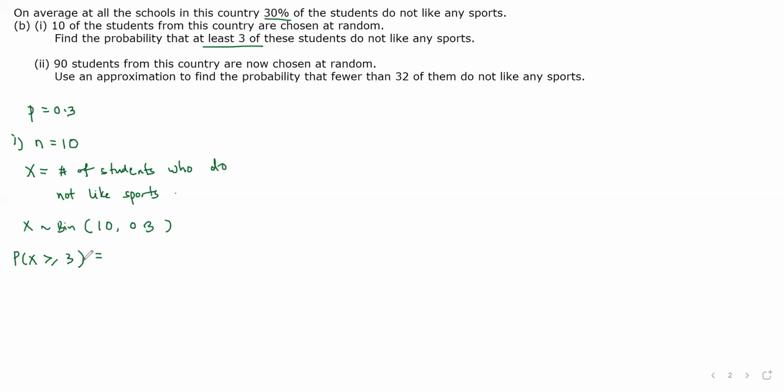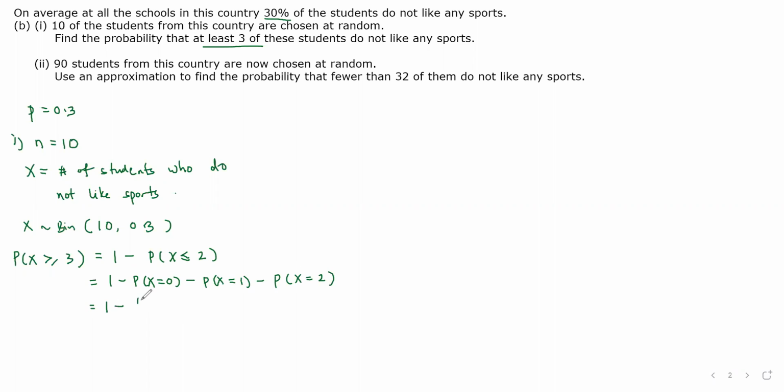We're not doing that. Use the complement rule. This is 1 minus the probability X less than 3, or we can write this as the probability X less than or equal to 2. So this will give us 1 minus the probability X equals 0, minus the probability X equals 1, minus the probability X equals 2.